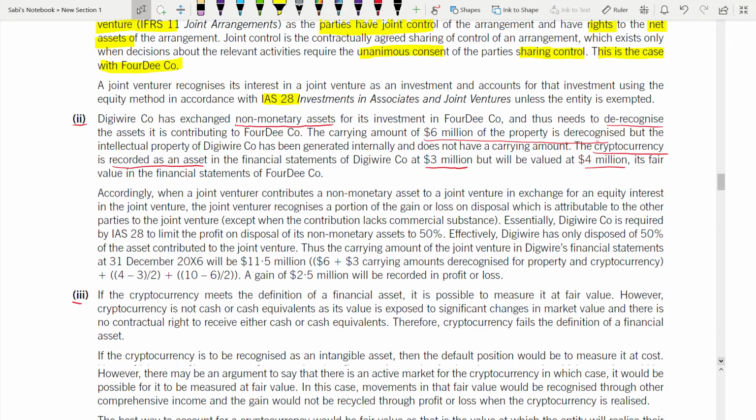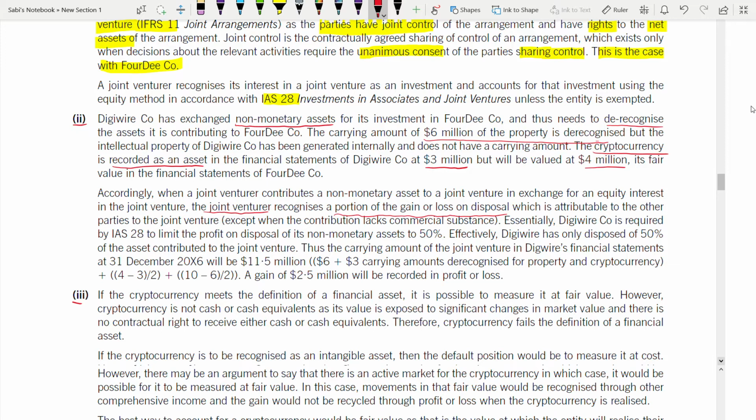Now, accordingly, when a joint venturer contributes a non-monetary asset to a joint venture in exchange for an equity interest in the joint venture, it recognizes a portion of the gain or loss on disposal. You cannot recognize the whole gain or loss because it is a joint venture. Two companies are operating it, so the portion attributable to the other parties is not recognized, except when the contribution lacks commercial substance.